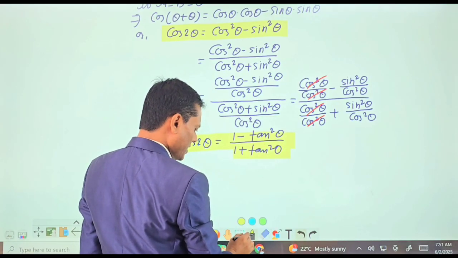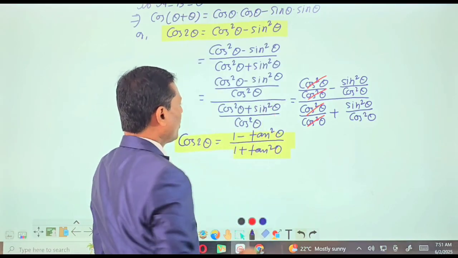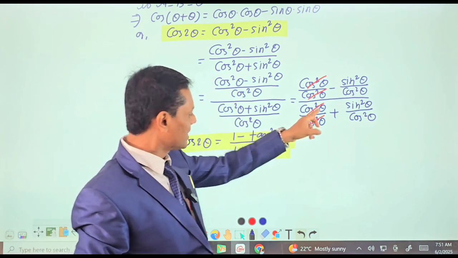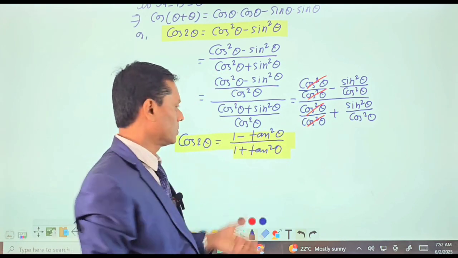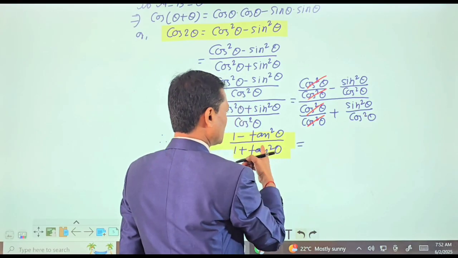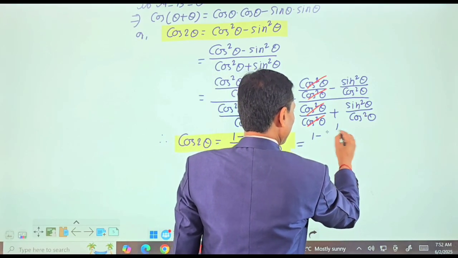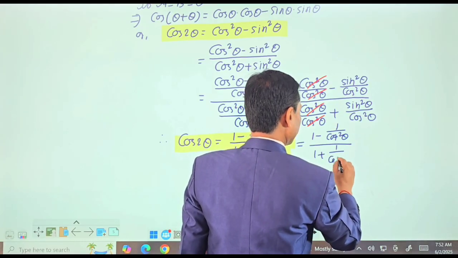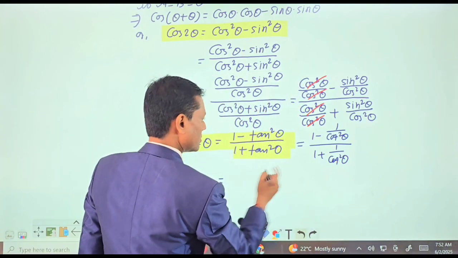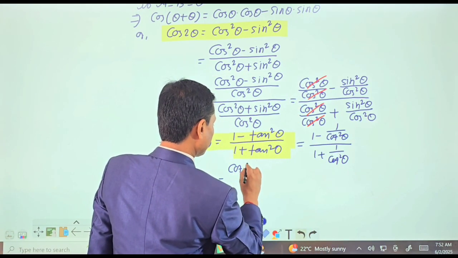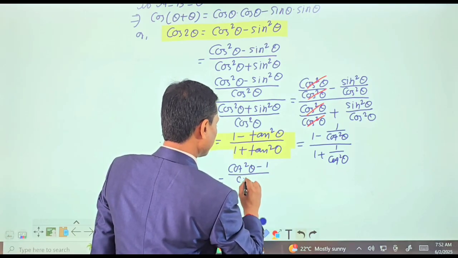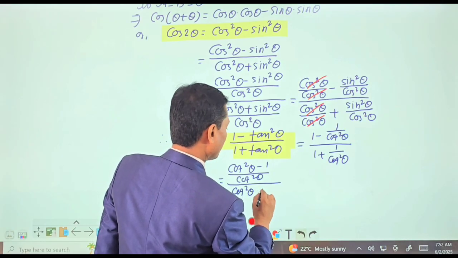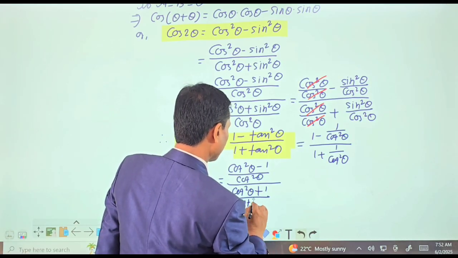Right? After that, what happens if we divide the numerator and the denominator by sin square theta? Or we can change tan square into cot square also, as we know that. So let's change tan square into cot square. So we can write 1 minus 1 by cot square theta over 1 plus 1 by cot square theta, isn't it? And that gives us cot square theta minus 1 over cot square theta, whole upon cot square theta plus 1 over cot square theta.